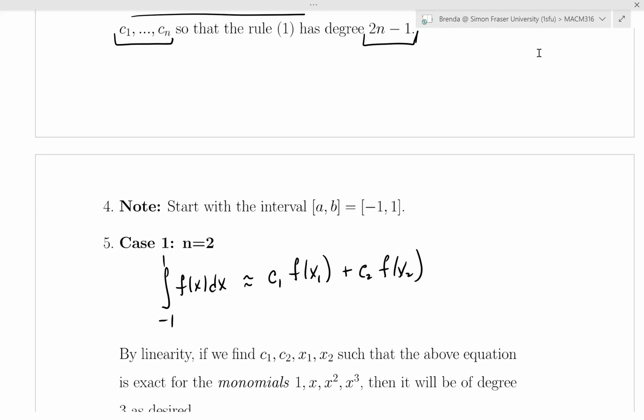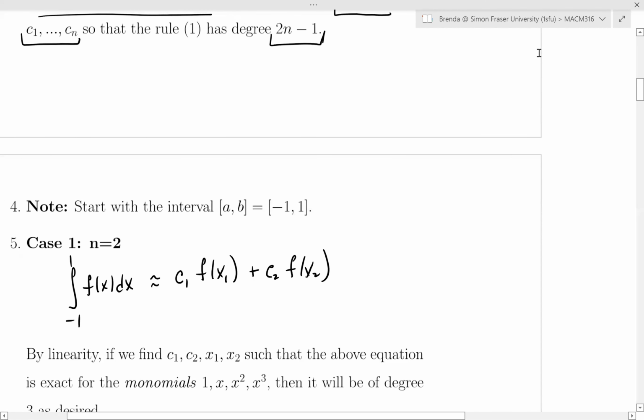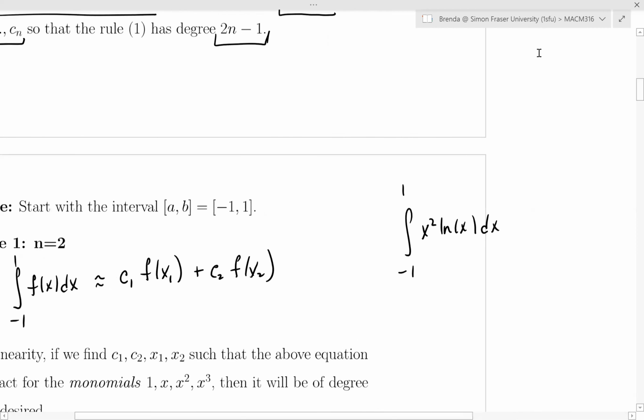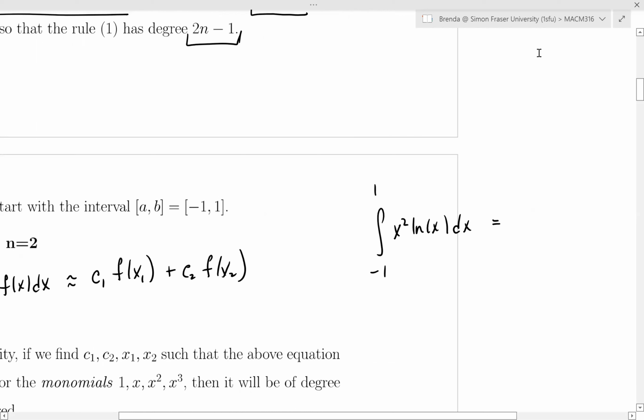Maybe it may be instructive just to imagine this. What if we were going like this, -1 to 1, x squared log x dx. Okay, imagine us doing that. And then I can say, okay, fine, you can pick some number, 2. And you can then evaluate this function at some number, let's just say, maybe I pick -1/2.